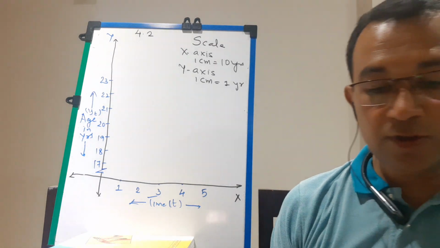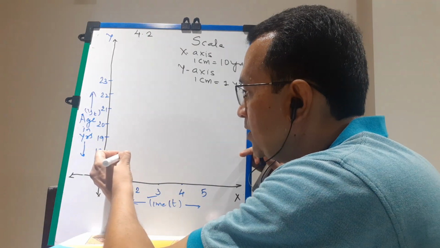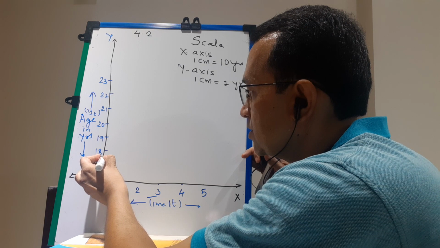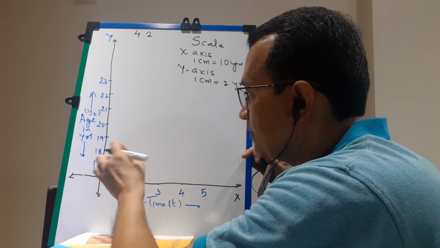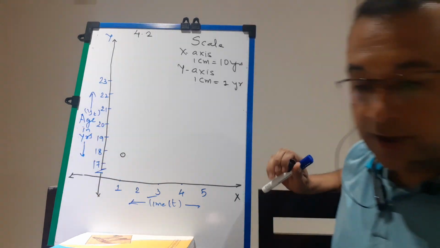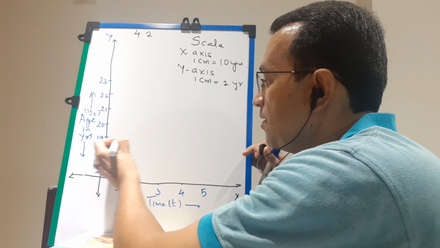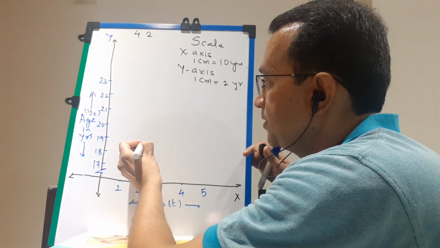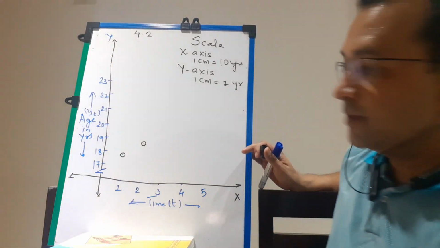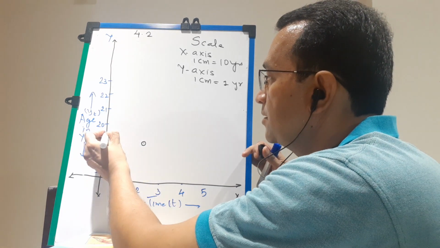Now for t is equal to 1, it is 17.7. So roughly below, this is 17.5, so somewhere here. For t is equal to 2, it is 18.7. For t is equal to 3, it is 19.3.